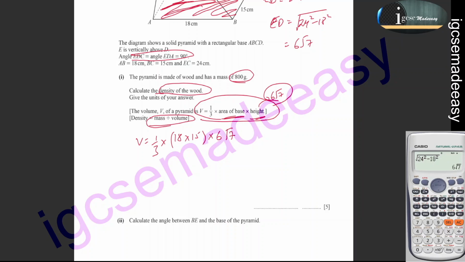So we can plug the values into our calculator and find out the answer. It's 1 by 3 multiplied by 18 times 15 times, in a bracket, 6 root 7, close bracket.